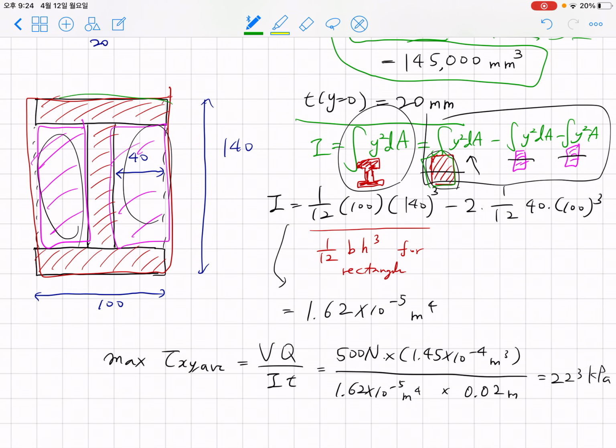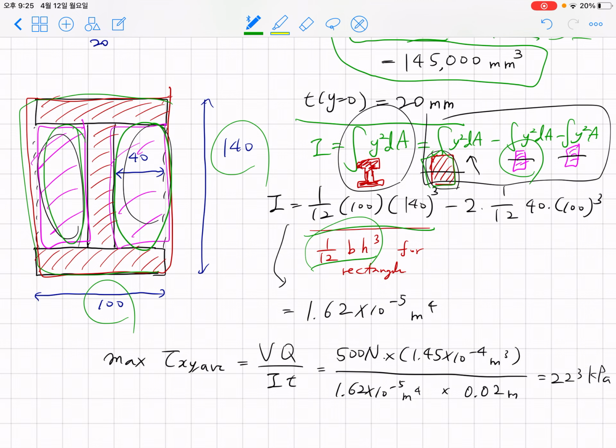So for this big rectangular shape with thickness 100 and height 140, if you plug that into this equation, 1/12 bh cubed, this is what you're gonna get. And we have exactly same two purple shape here and there, and each has like a 40 millimeter thickness and 100 millimeter height. So if you plug in here and multiply 2, because there is 2 contribution, then you will be able to obtain I.